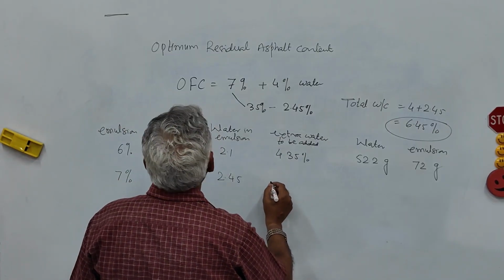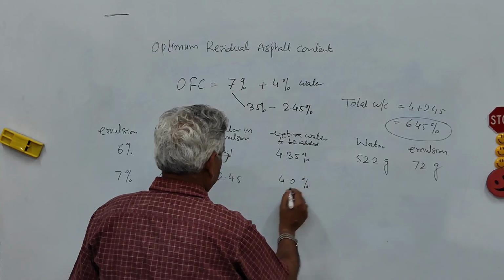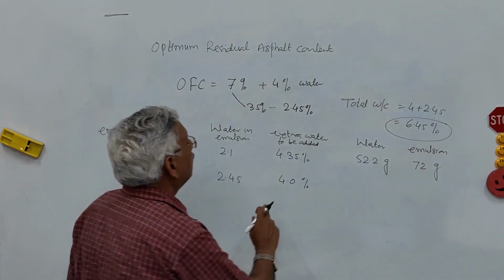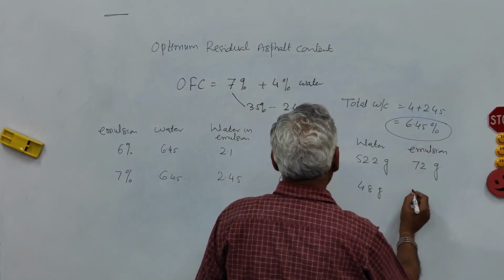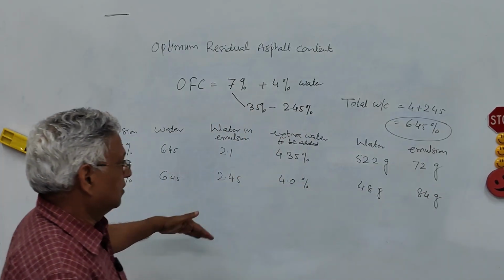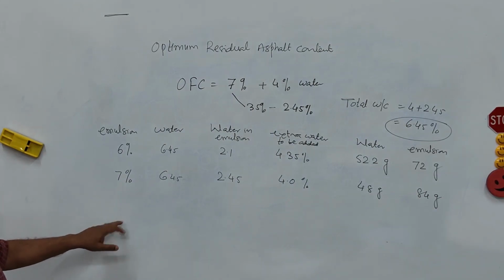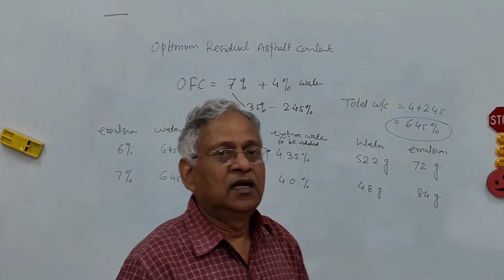And therefore, you add 4% water to keep 6.45. So 4% means 48 gram, and the emulsion will be 84 gram. Similarly, you prepare 2 more rows for 8% and 9%. Remember that the water content should be 6.45%.